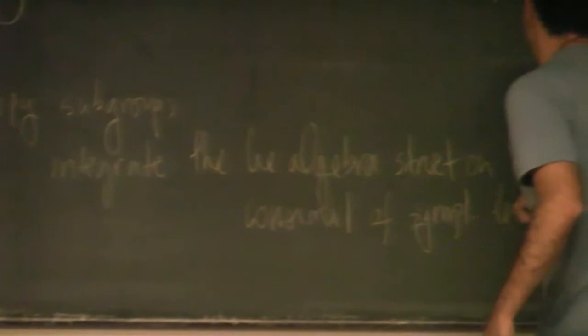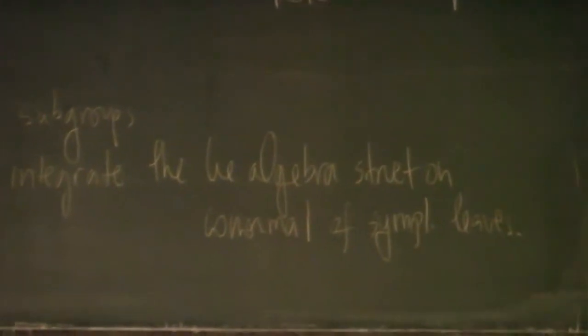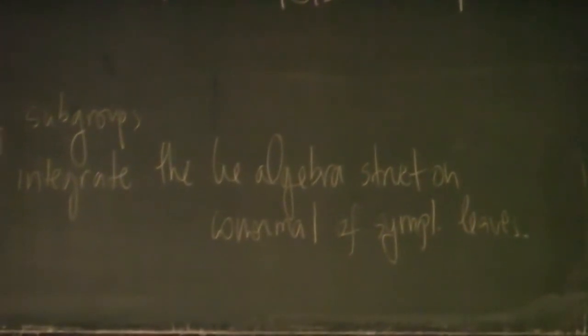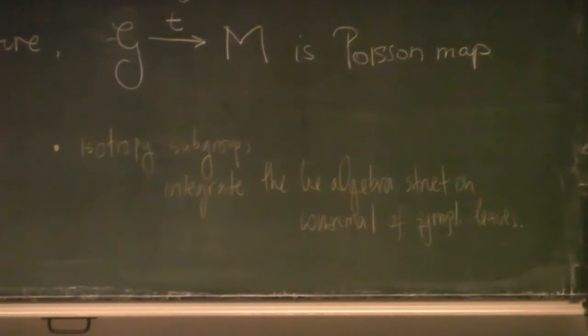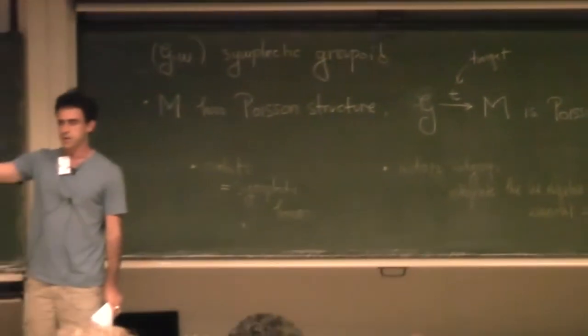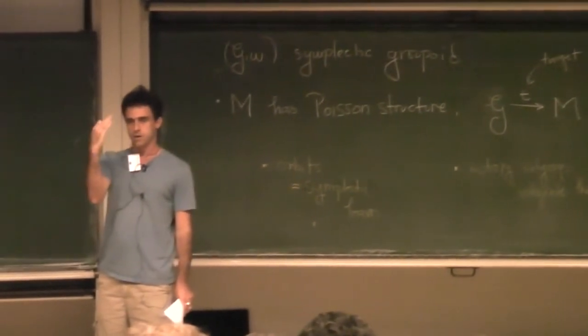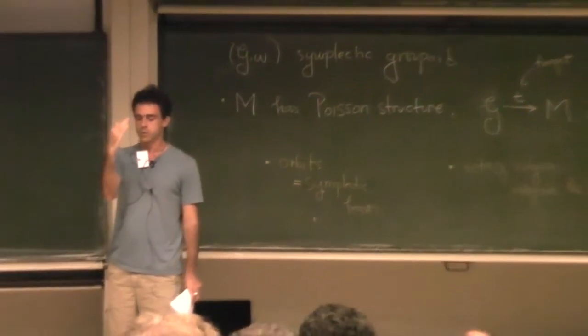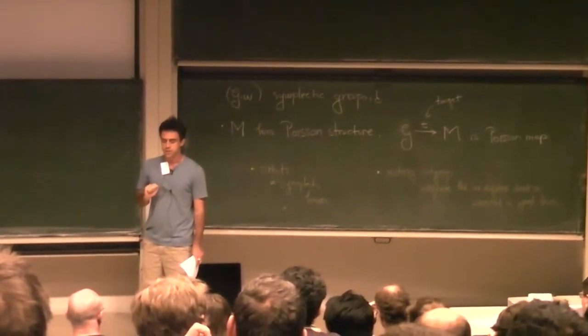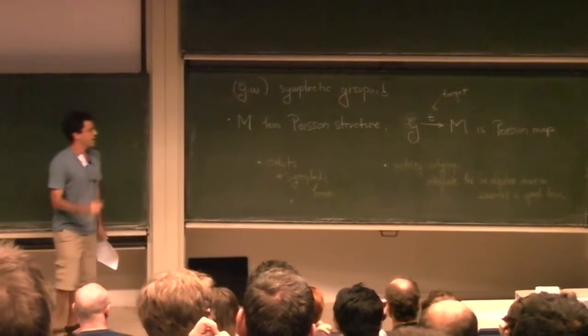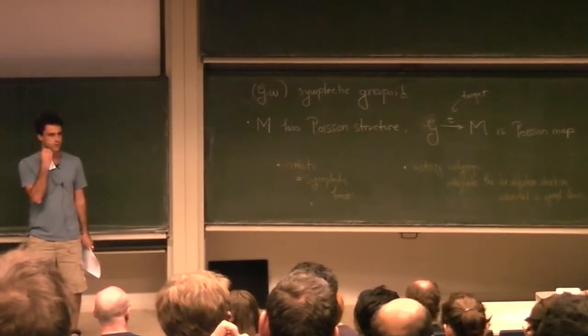Just a word about that. I think Rui didn't say this explicitly, but on any Poisson manifold, if you look at a point and at the symplectic leaf there, and you look at the conormal bundle of the tangent space of the symplectic leaf, then this naturally inherits a Lie algebra structure.